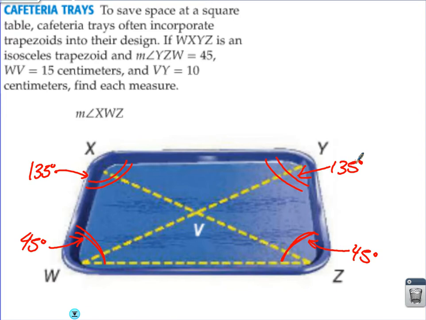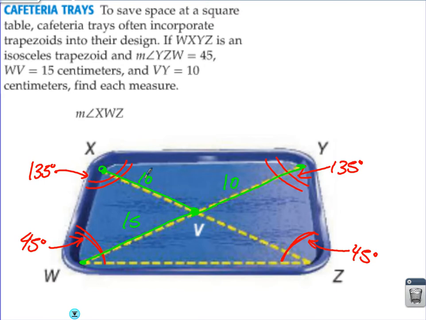We're given that WV is 15. Let's do it in a different color here. WV, which is the distance from here up to here, is 15. You're given that VY is 10. From V to Y, that's from here up to here is 10. What would the distance from X to V be? 10 as well, right?